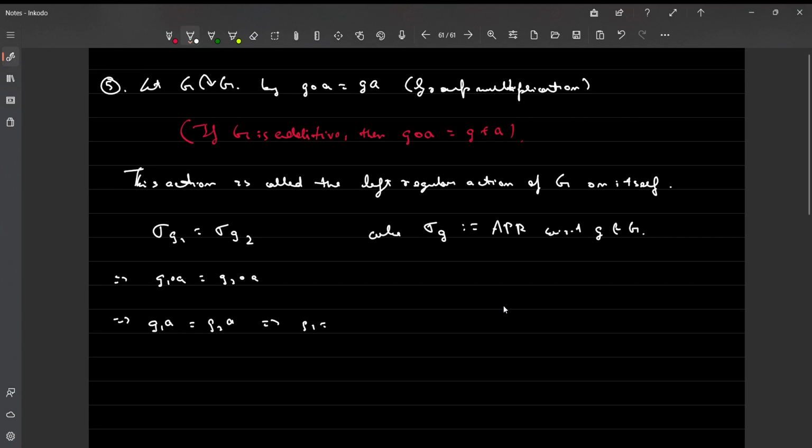By the definition of the group action. But right cancellation holds in G, right? Because G is a group. So we can obviously right multiply with A inverse to get G1 equals G2. So that implies sigma is 1-1.